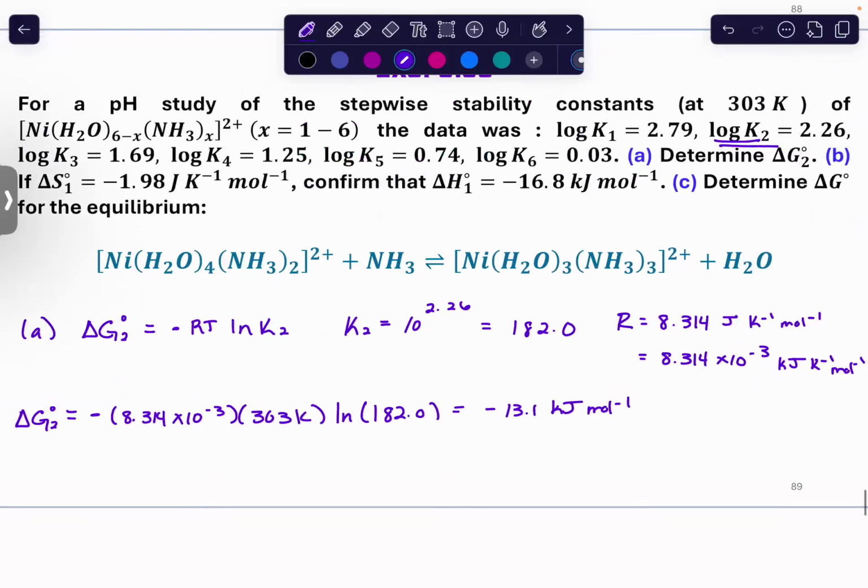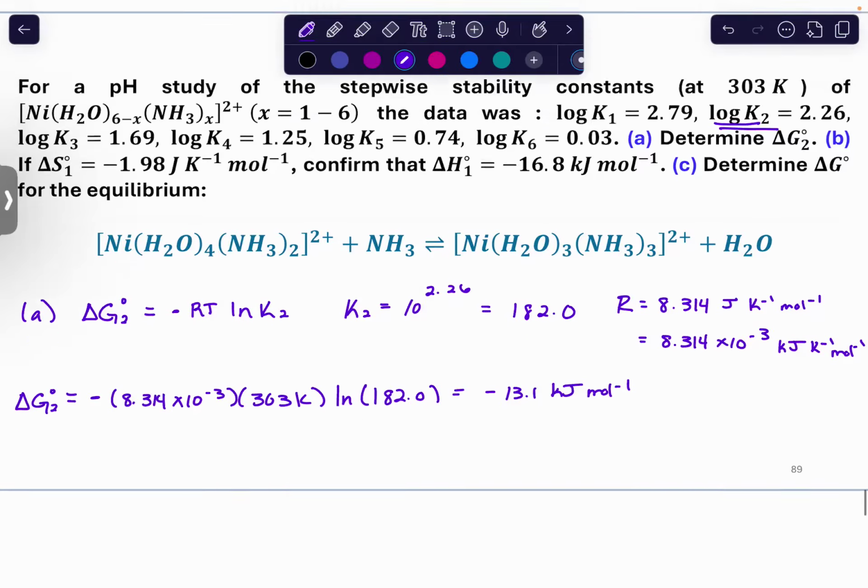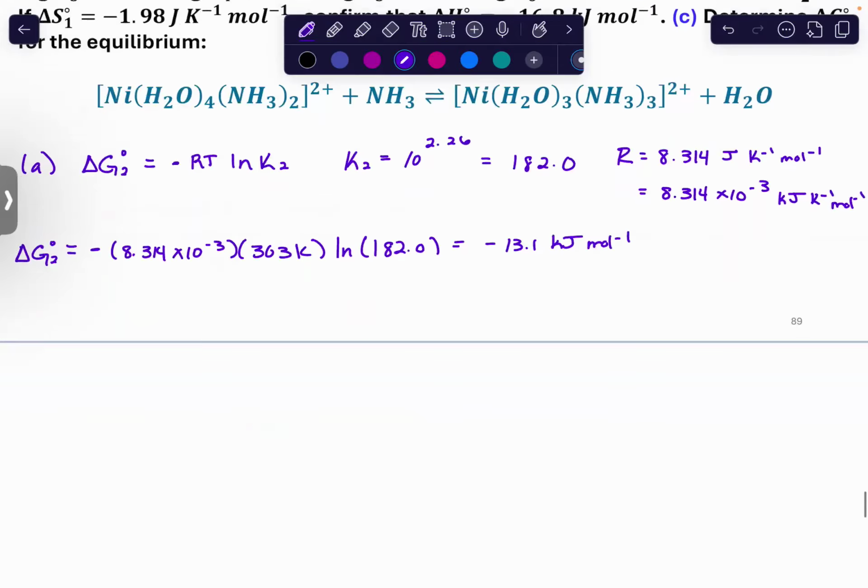Okay, part B. If the first entropy is negative 1.98 joules per Kelvin per mole, confirm that the first enthalpy is negative 16.8 kilojoules per mole. For this one, we're going to have to use one of the laws of thermodynamics. Now we use the Boltzmann equation.